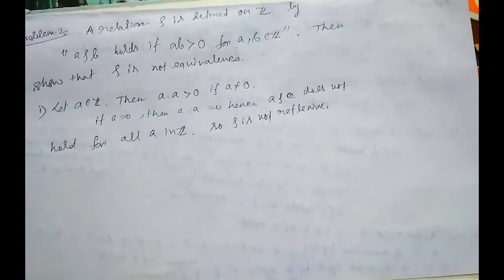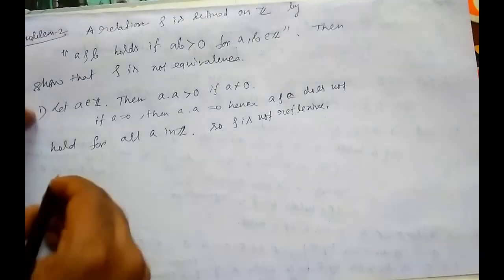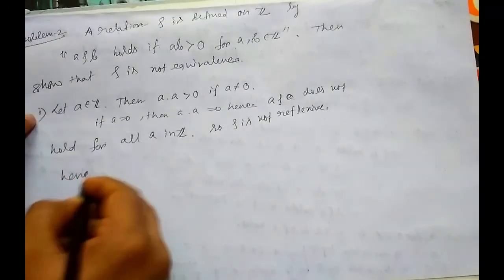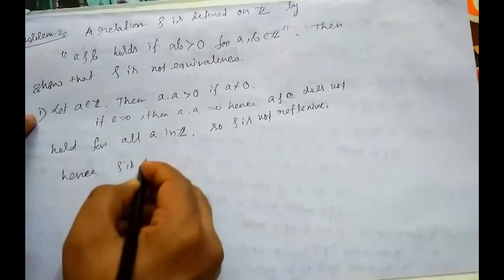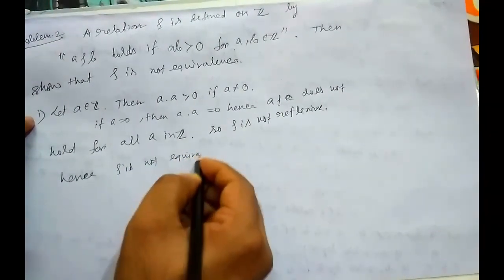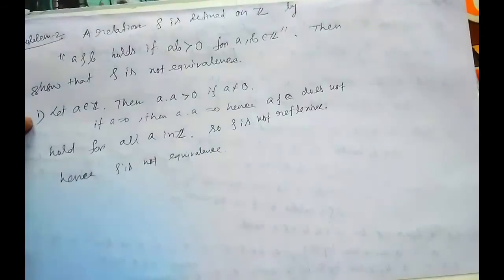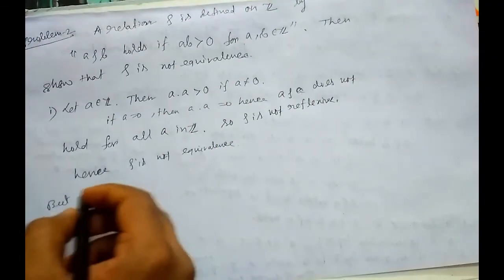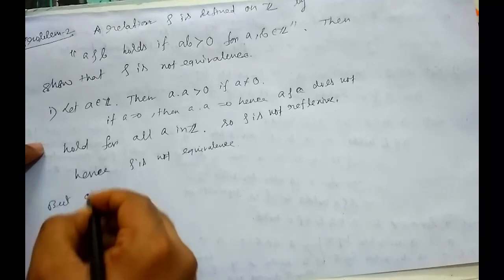We don't have to check all three properties, because at the first stage we find rho is not reflexive, so hence rho is not an equivalence. I am giving you homework: check whether rho is symmetric and transitive.